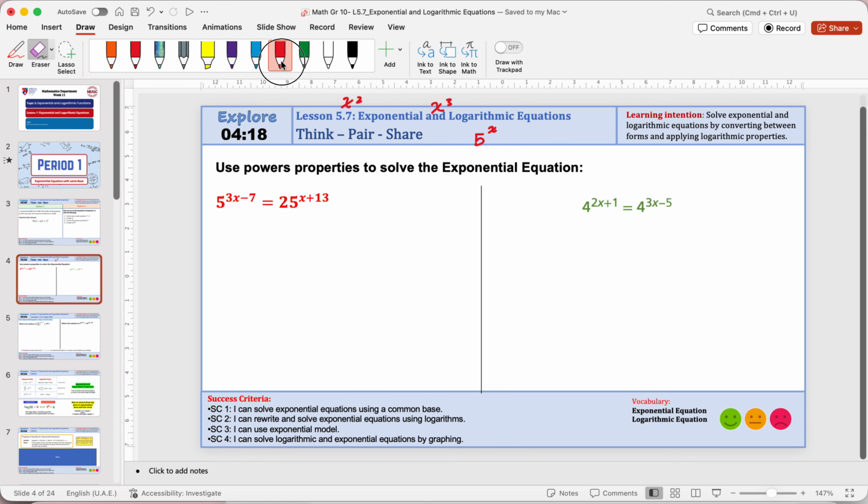So as you can see here, I have clearly the same base, and I have one side exponential expression equals another exponential expression, and both of them are having the same exact base 4. Now a very nice thing that I can do is, if you have the same base in an exponential equation, you can cross out that base and say that the powers are definitely equal.